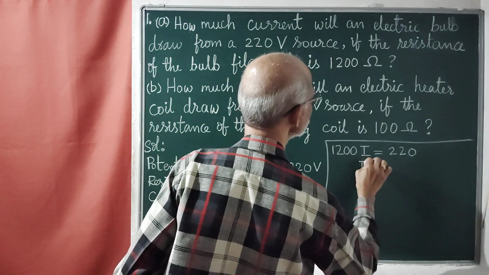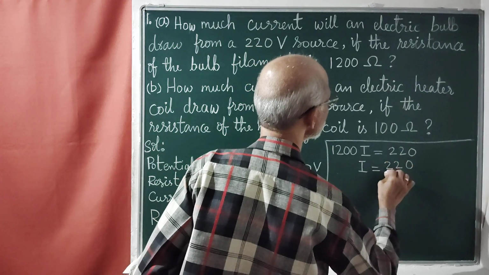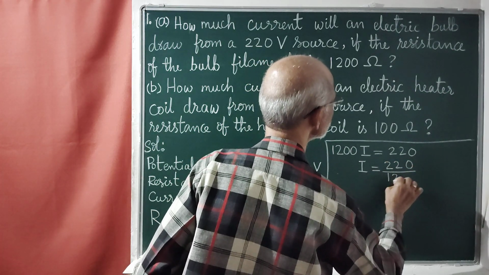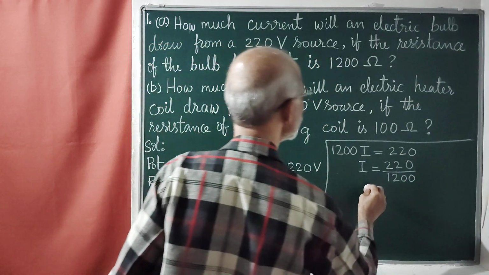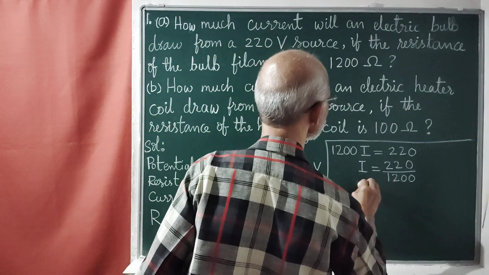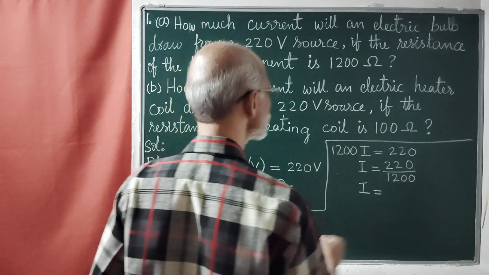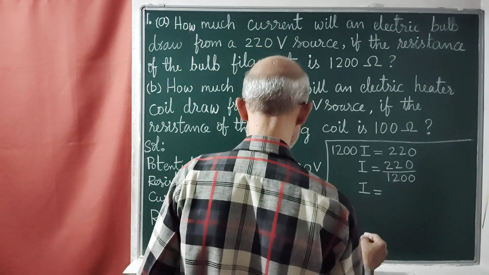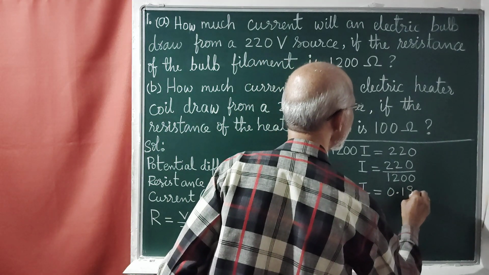I is equal to 220 by 1200. If you divide it, you will get 0.18 amps.